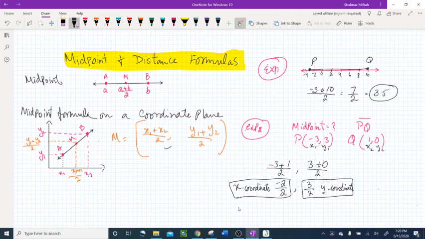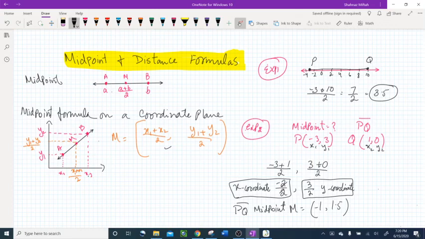You're going to say the PQ segment midpoint M is equal, you simplify this, which is -1, and you simplify this, it's going to be 1.5. They cancel out, so I got -1. Okay, so that was the example for this.